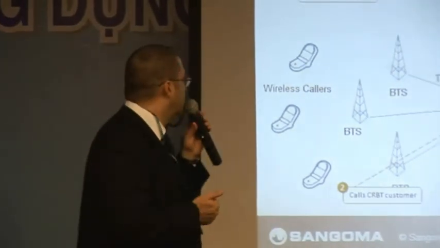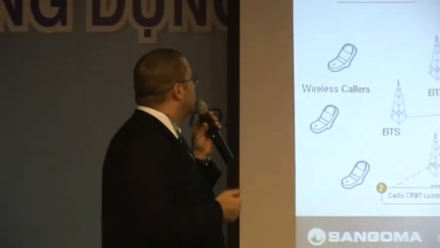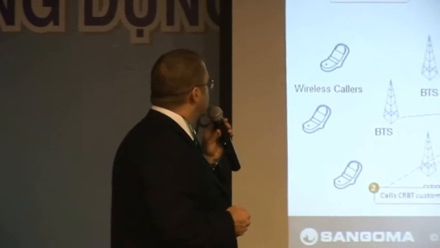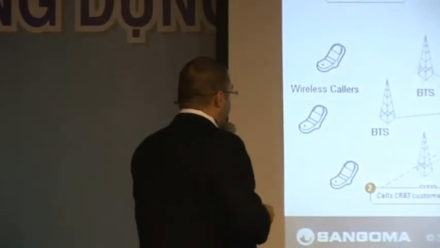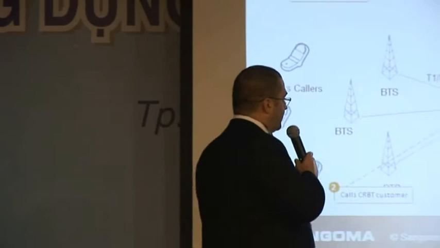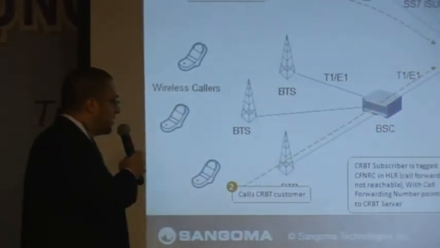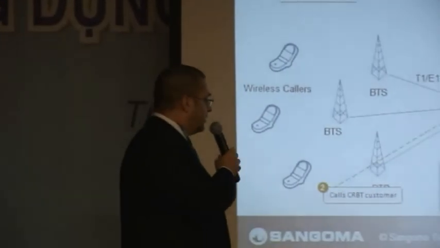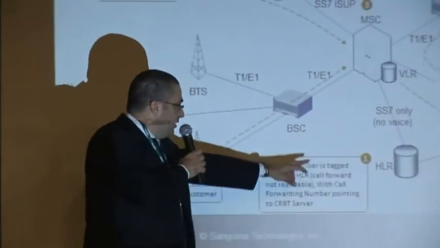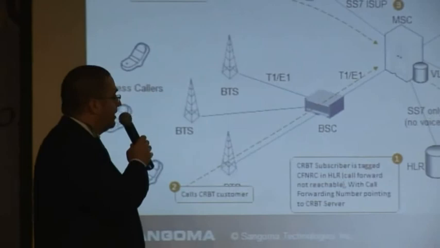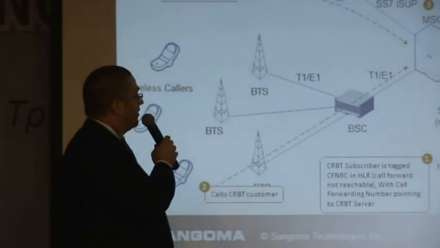So how is this actually working? It is working with this SS7 box. So if you look at the numbers, at first, you have a call ringback tone subscriber, which is tagged in the call forward not reachable here. And basically, the details are kept.